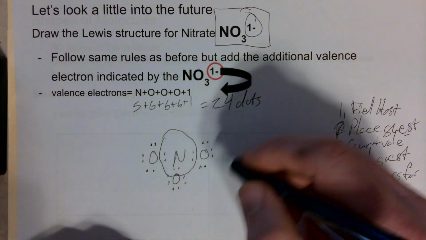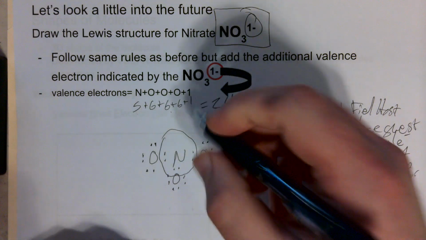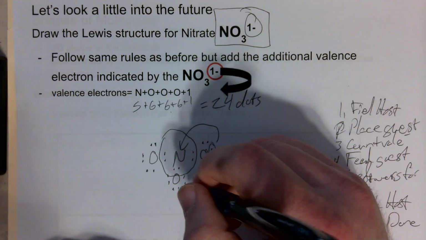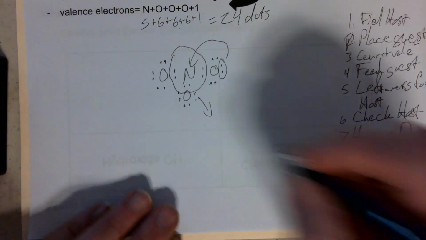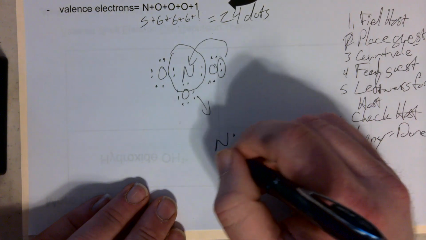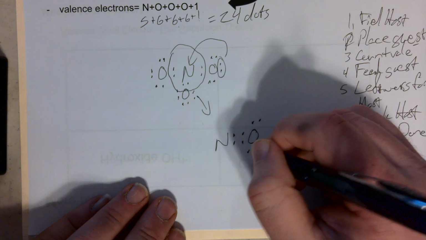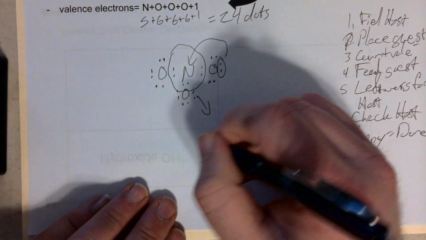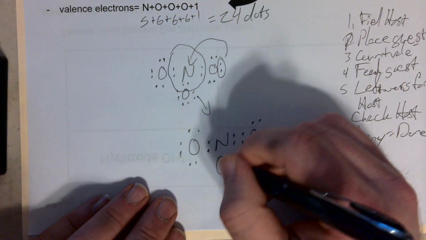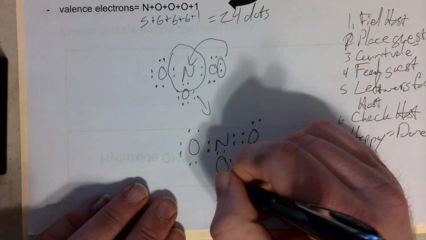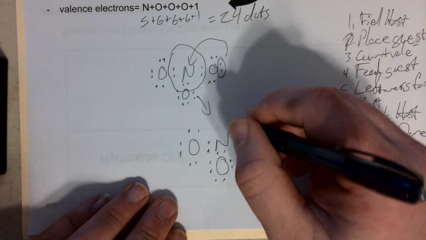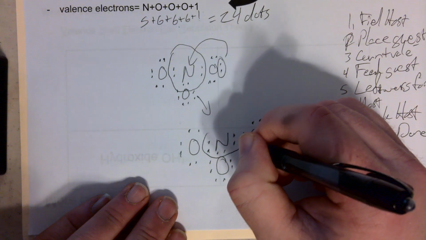So I'm gonna grab one of these lone pairs from one of my oxygens. So we'll just want to steal one here. Put that there, and that's going to give me a new structure of N with a double bond to O. And with moving those lone pairs over, take a look at my host.